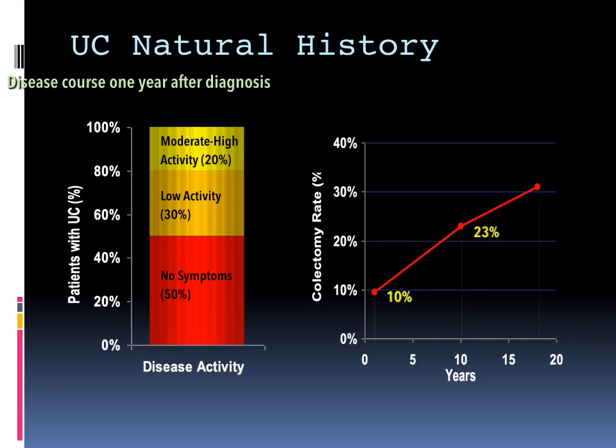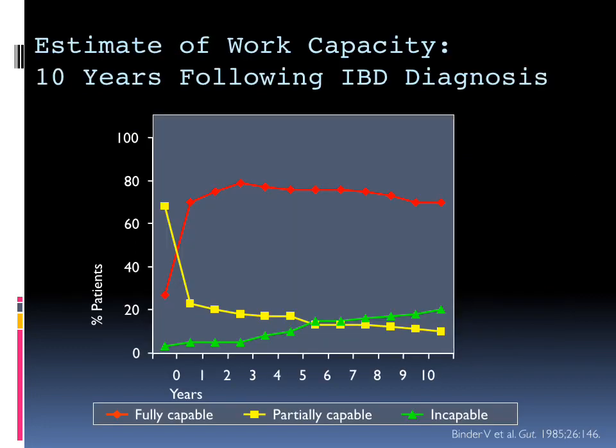We know that over time the majority of patients have a low profile of disease, but some over time will progress to colectomy and the need of surgery, and that's without intervention. That's for ulcerative colitis, while in Crohn's disease patients, if we leave them without therapy, one third of them become disabled.